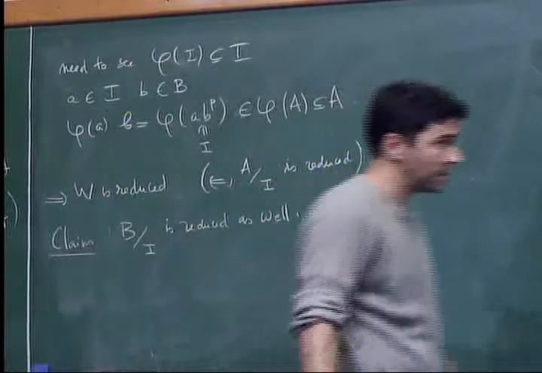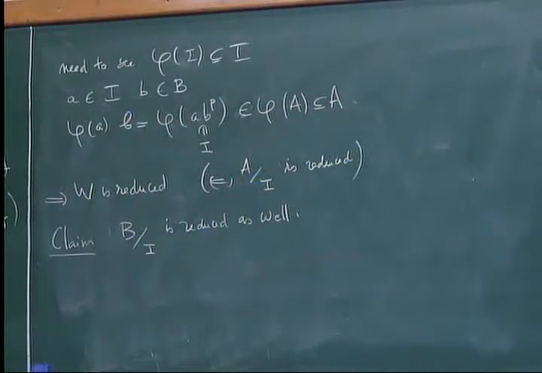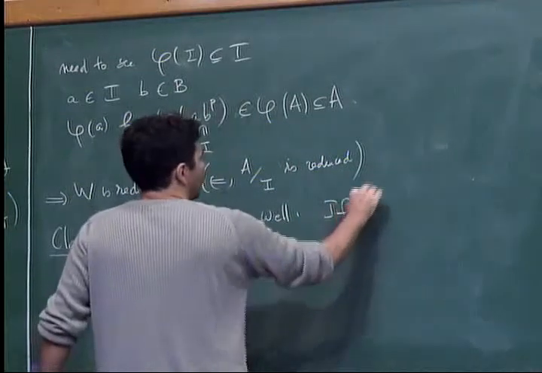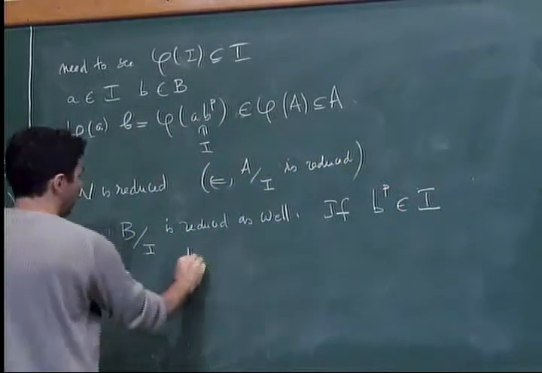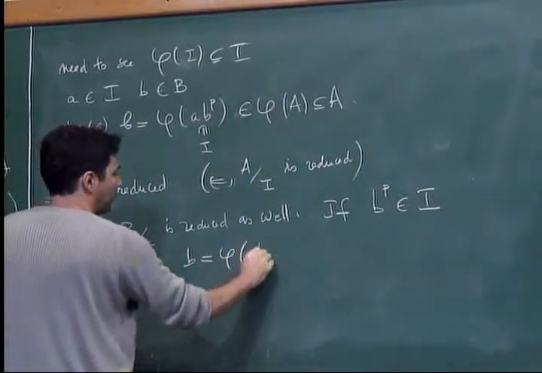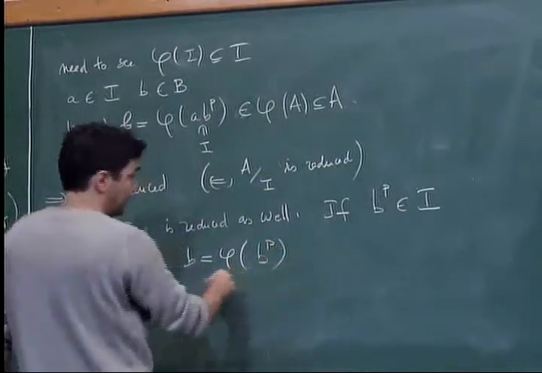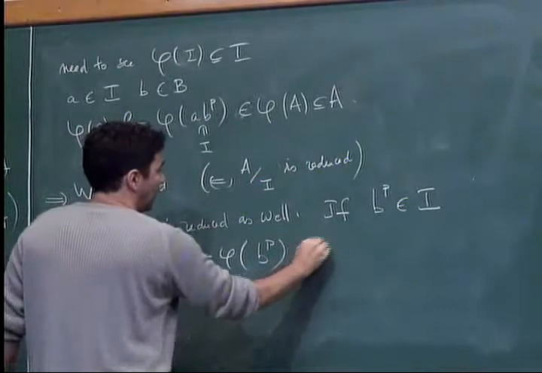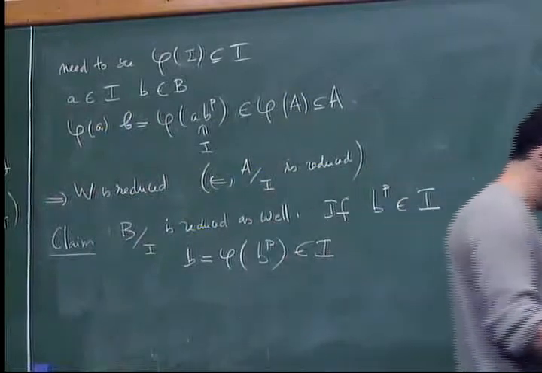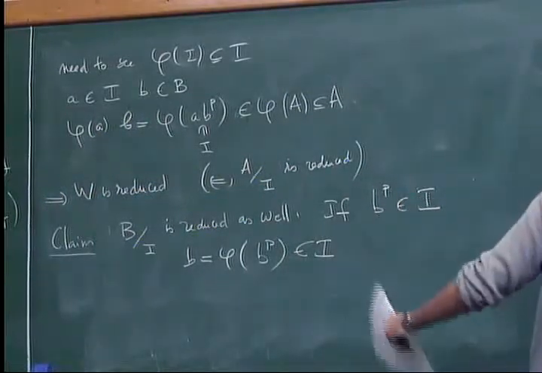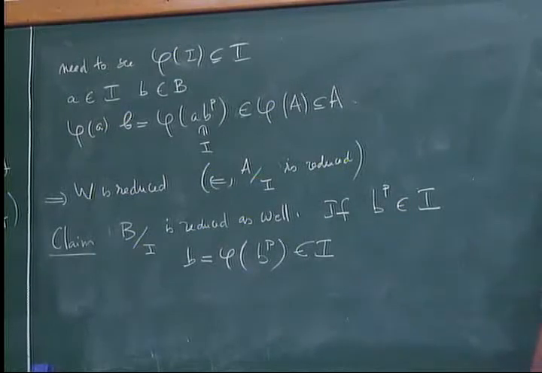And this is exactly the same proof as before, just using the extension of phi to K. So say if b to the power p is in I, then as b is phi of b to the power p, and as I is compatibly split, this has to be in I. So you use induction and you get the same. So we get two reduced closed subschemes. So we need to work a bit more.